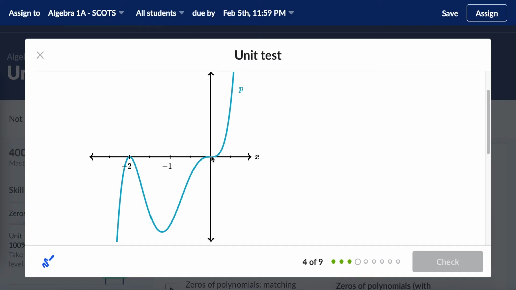Because of the way it curves, rather than curving through more smoothly, this looks like it might actually have an exponent of 5 maybe rather than 3, but we'll take a look.